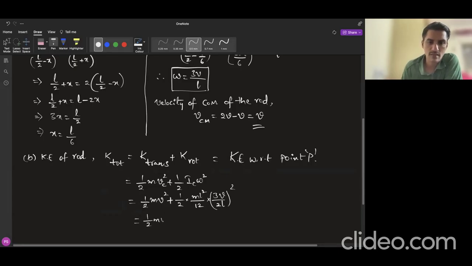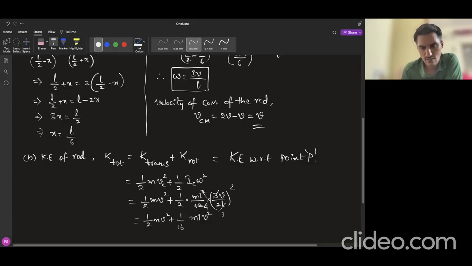Now, if we simplify this, we are going to get half m v square plus, 3 ones are 3, 4 fours are 16, one by 16 into m L square, the L square gets cancelled, into v square. That's it, m into v square.